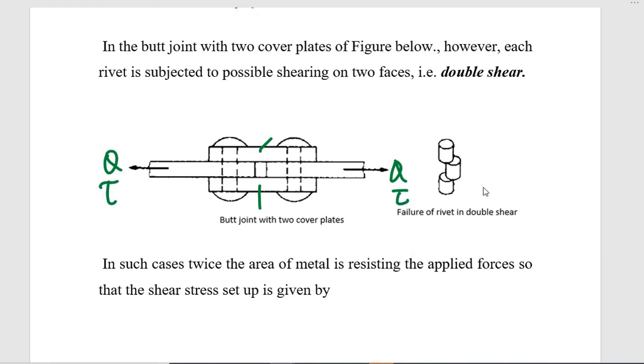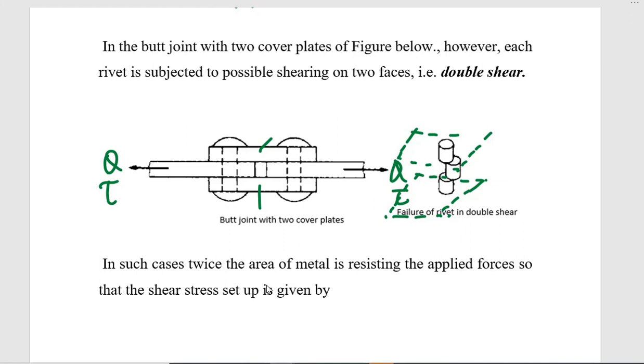When you look at this system, it fails in more than one plane, and there are going to be only two planes. Let me show it like this. This is the plane of failure, and you have another plane of failure.